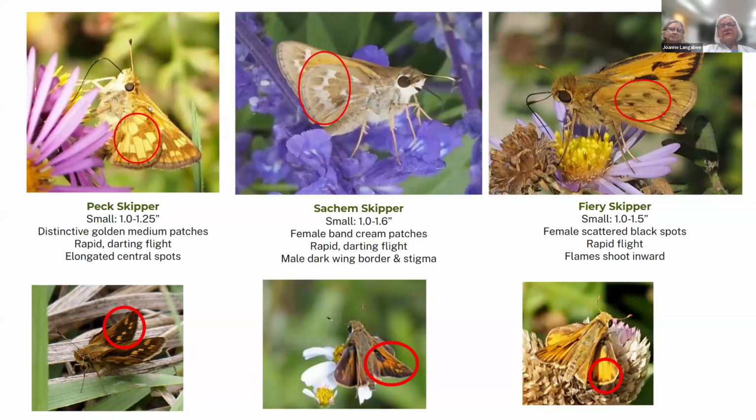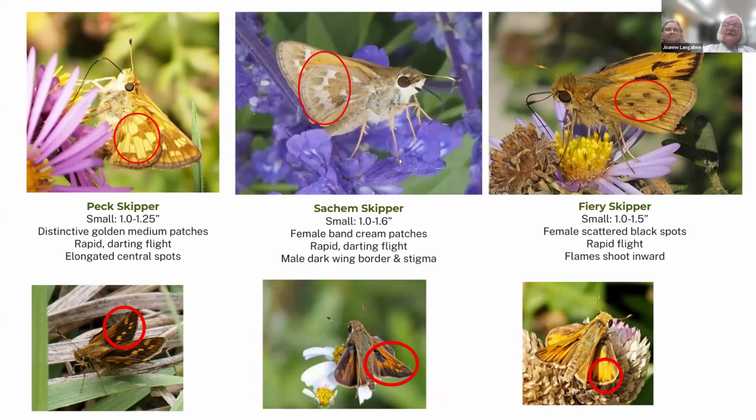The rest of it's kind of golden, and this is more yellow. Then you can get the circles on the inside that can help you differentiate it. A lot of times with these three, it's much easier to identify them if you can look at them from the outside. They don't always oblige you, but it does help.